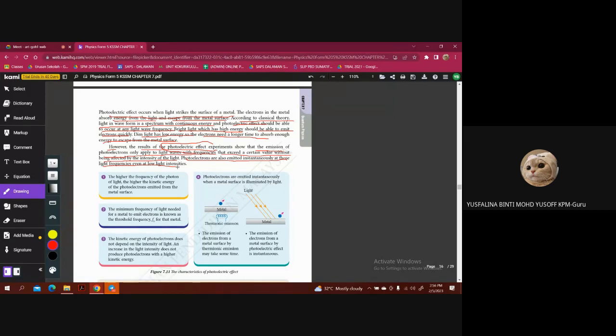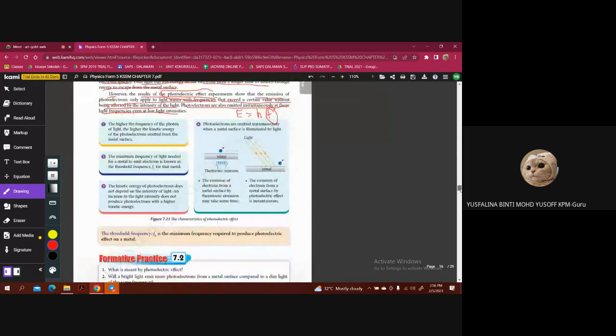So this one actually depends on the frequency. That's why E equals hf, right? So it depends on the frequency. This says the higher the frequency of the photon of light, the higher the kinetic energy.